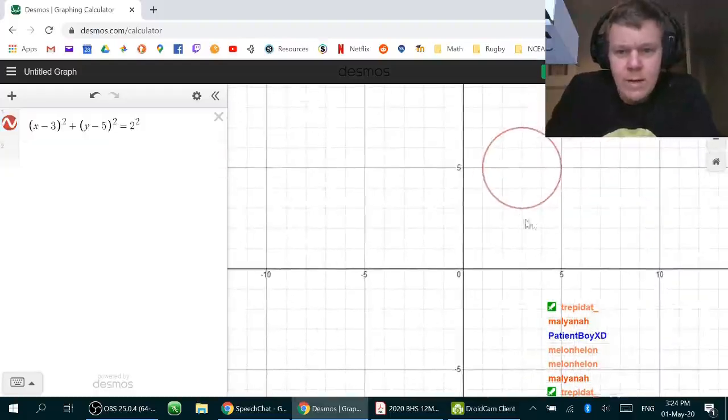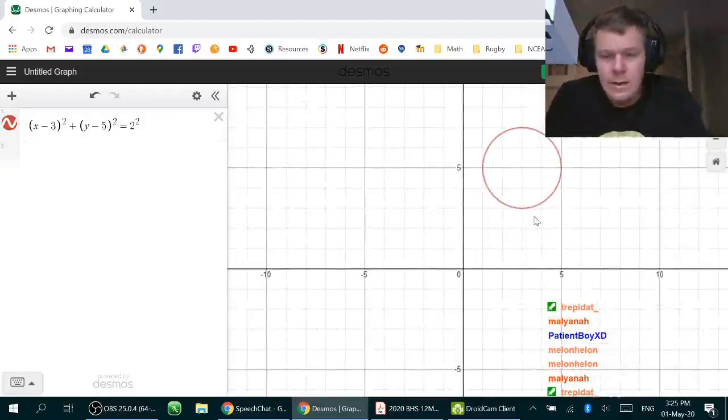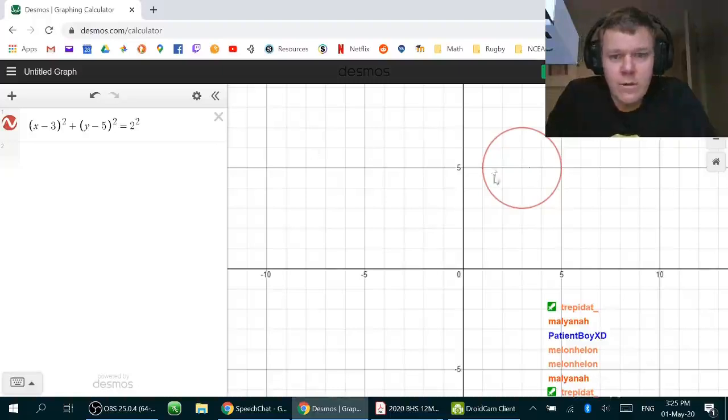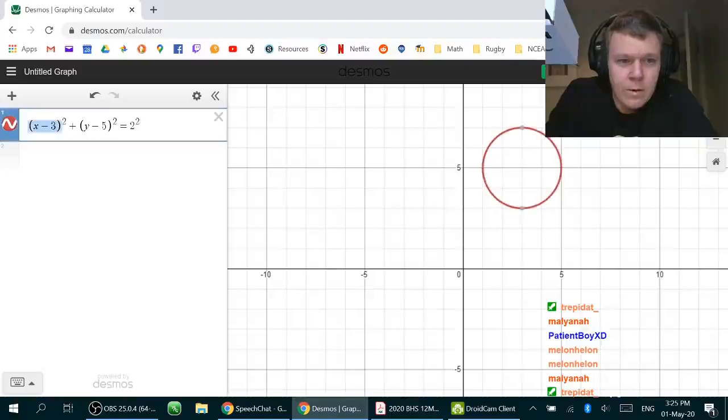So there we have it. You can see that the center of the circle is at 3, 5. So it corresponds to these points, and the radius is 2.